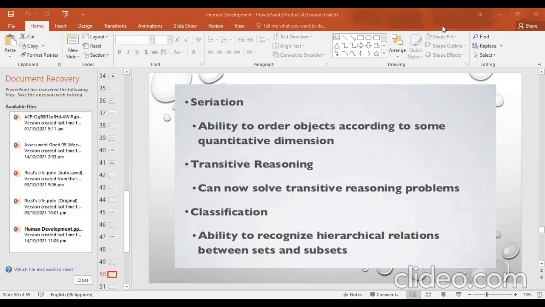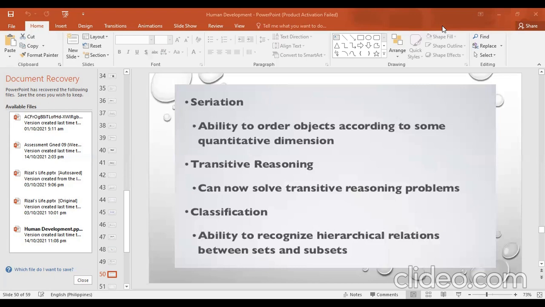It is the ability to recognize hierarchical relations between sets and subsets. In classifications, no, alam mo na if ano ba yung family ng animals na to. Halimbawa, yung birds, no? Yung different kinds of birds, even flowers, alam mo na kung paano mo siya i-form, yung classifications nila.